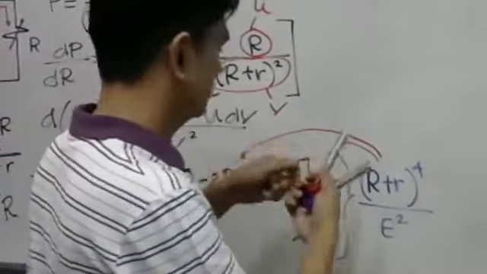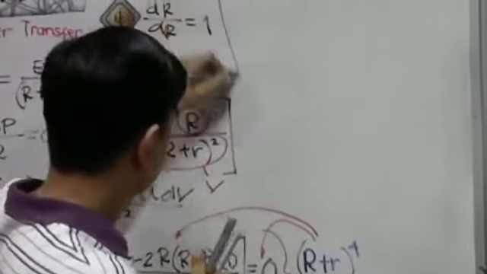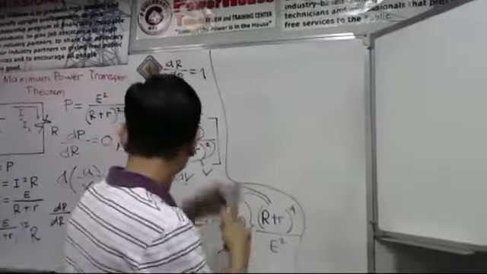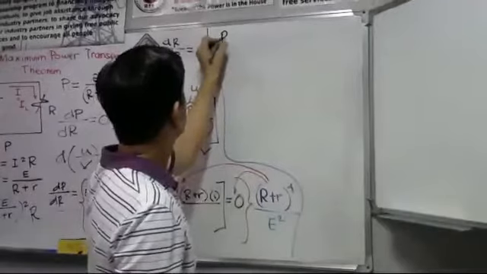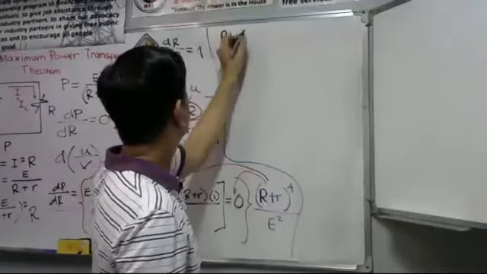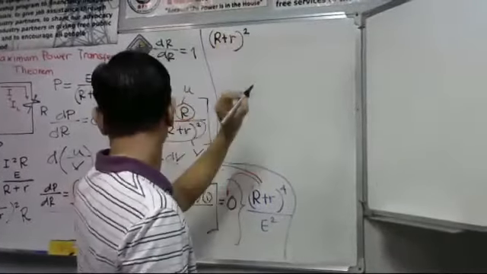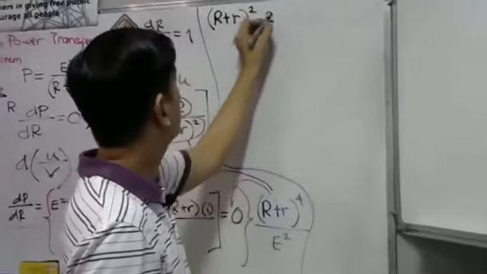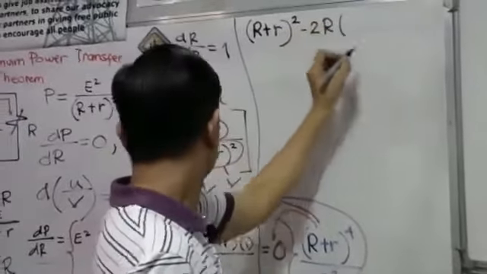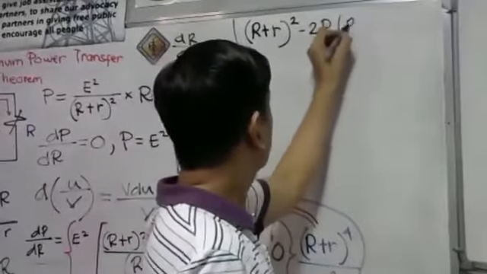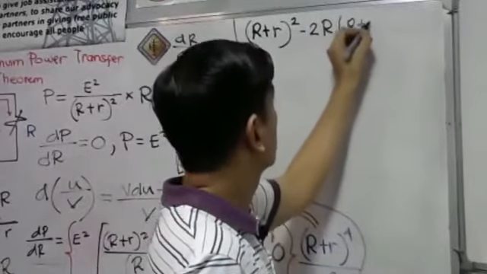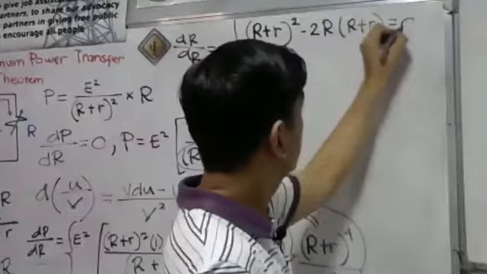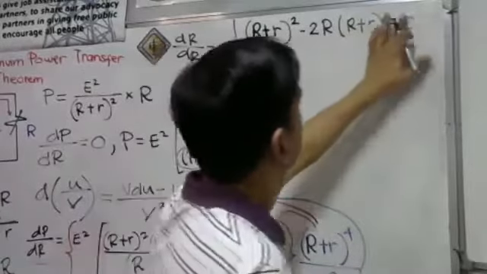So we have here big R plus small r, that is quantity squared, minus 2 times big R times big R plus the small r, so that is equal to 0.